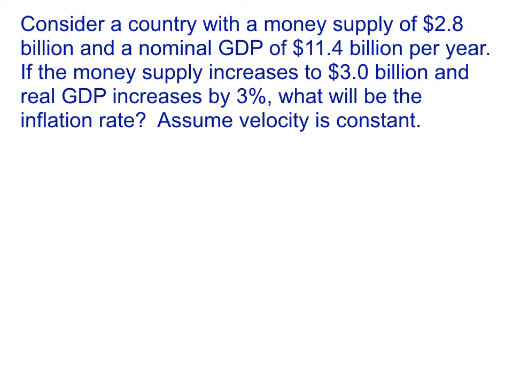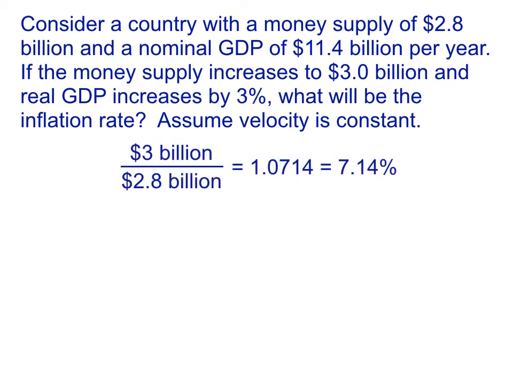Well, we can do this all in one step, but I'm going to go ahead and do it in a couple of steps. First, we can get our factor change for the money supply. In this case, our factor change is 1.0714, which is equivalent to a 7.14% change.